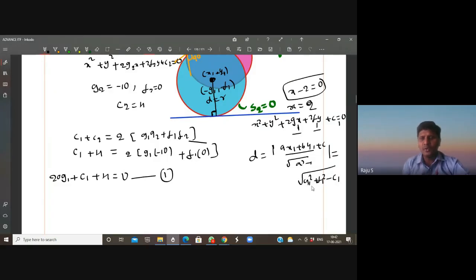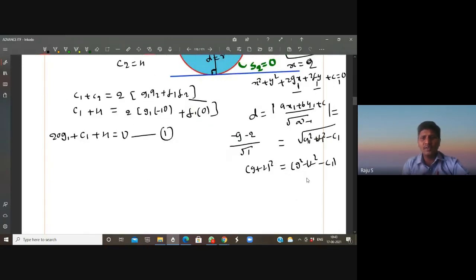Equating, we get minus g minus 2 by root over 1. Squaring on both sides, g plus 2 the whole square is equal to g square plus f square minus c on the right side. Simplifying, we get another equation.